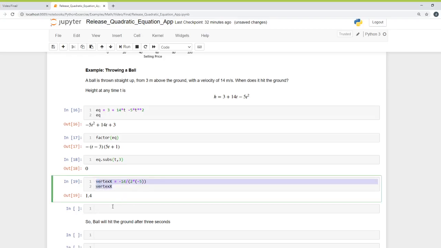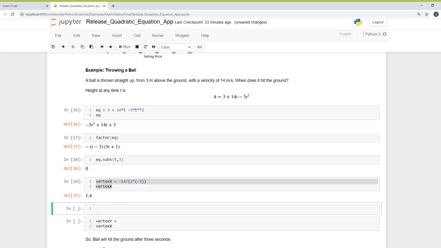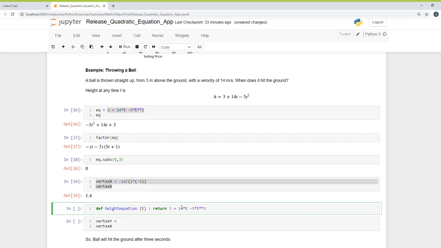Now we want to get the maximum height. So vertex y: put the value of x into the equation. For that we have defined the function, def height_equation, which takes the value of time and returns this.